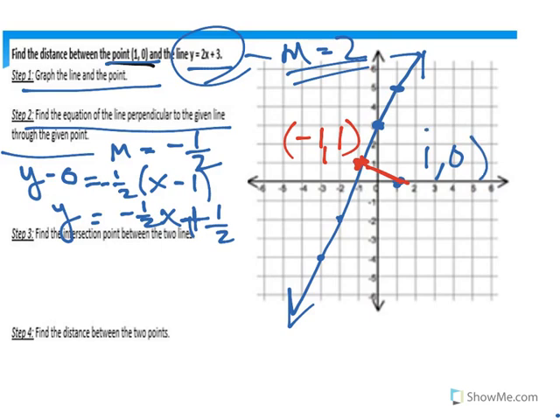Now I'm going to find the intersection between the two lines. Again, that's negative 1, 1 in red. And the big deal behind all of this, we did all of this just to find this green distance right here. Remember, it would form a 90-degree or perpendicular relationship between the two.